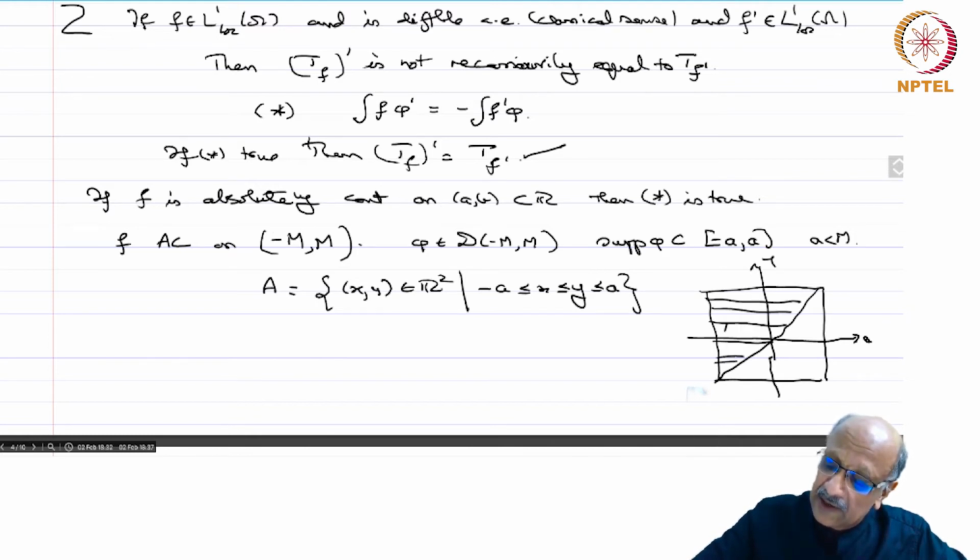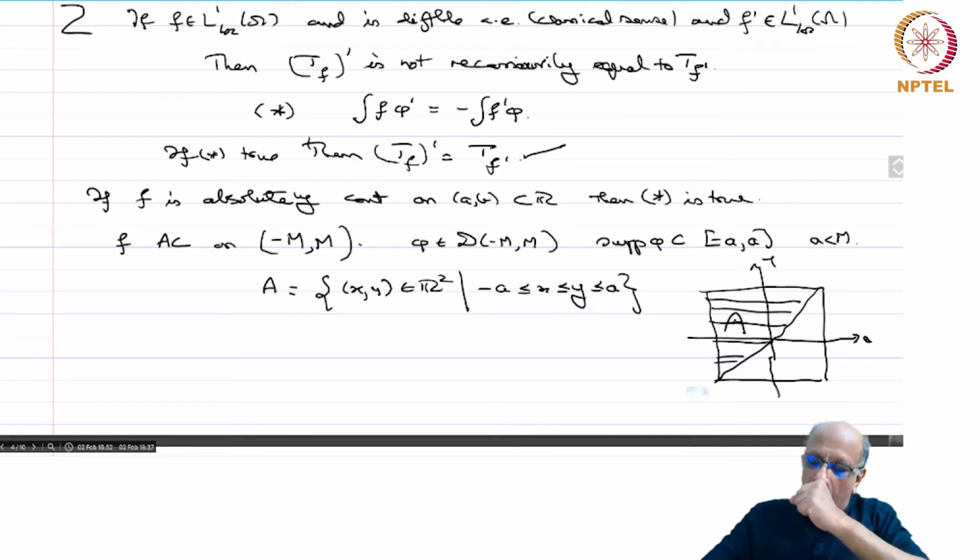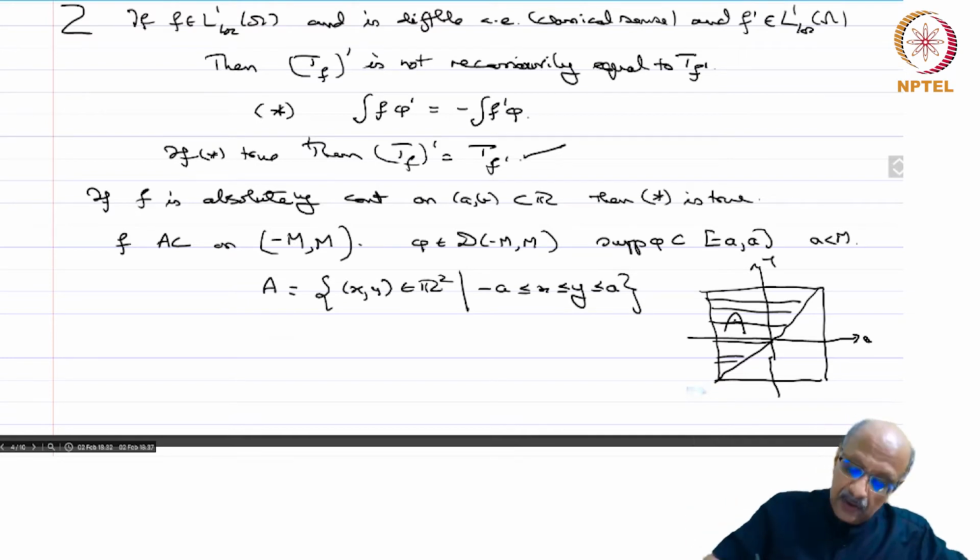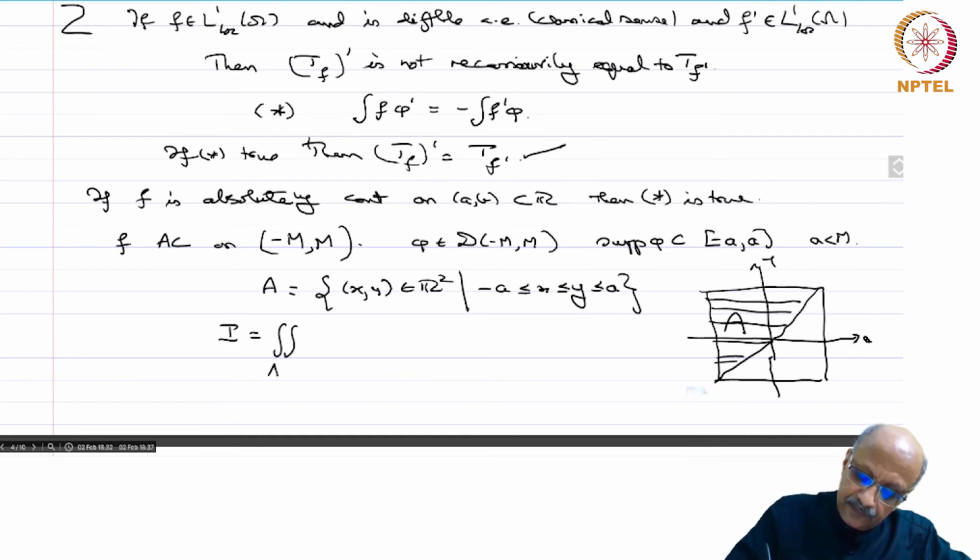So this is the set A. Okay, so on this we are going to evaluate the following integral: I equals the integral over A of phi dash x f dash y dx dy.